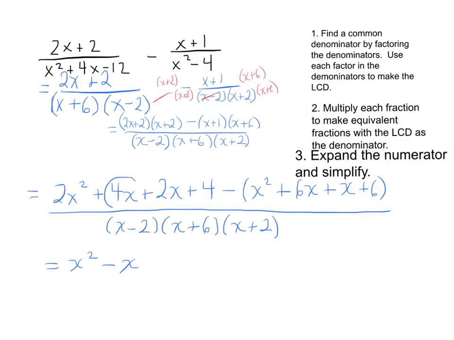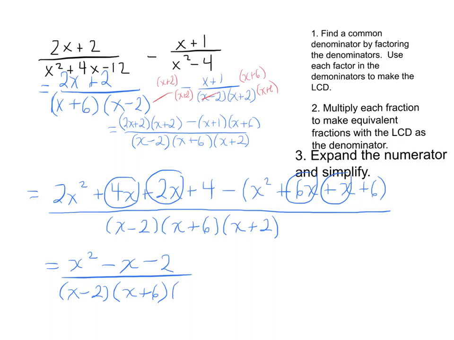Right, that was these terms. 4x and 2x, that's 6x, and then 6x and 1x, 7x, but we're subtracting that, right? So 6 minus 7, negative 1. And then I have 4 minus 6, negative 2, over x minus 2, x plus 6, x plus 2.